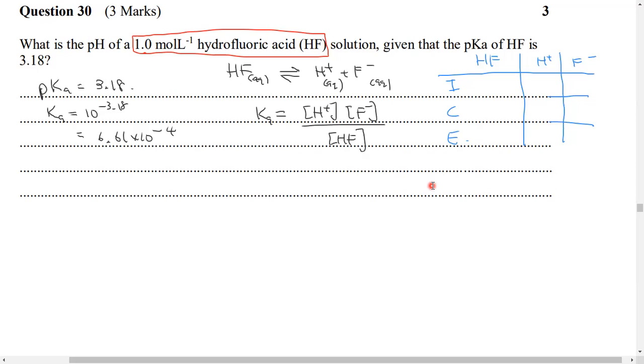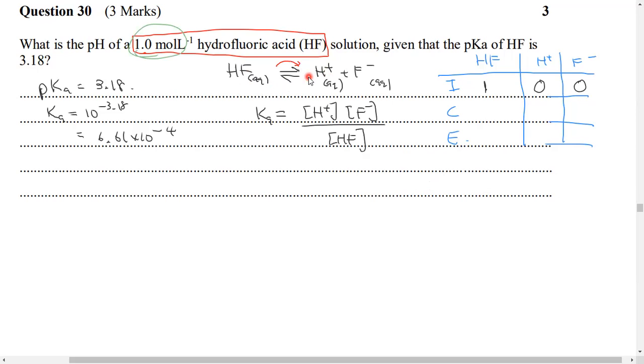Now, the idea is simple. You're told you've got 1 mole per liter of HF. So at the start, you can basically think of it, you've got 1 of those, and essentially you've got none of these at the very, very start. Now, of course, HF will ionize some of it. And if some of HF ionizes, what that then means is you're going to lose some, right? Some of it will go across.